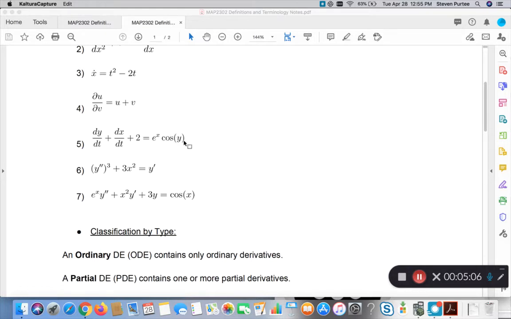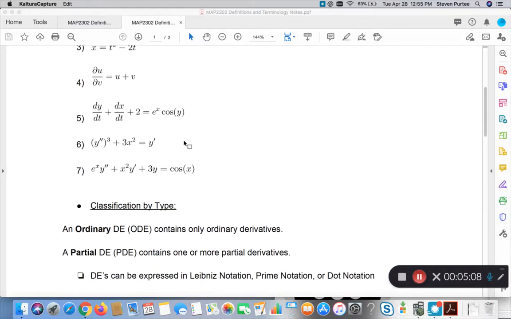A cosine of y, that's nonlinear. Number 6 is nonlinear. Not because of the x squared. I don't care what the x does. X is independent here. I've got a y double prime cubed. I can't have any powers on my y's or my y primes or any version of y. This is nonlinear.